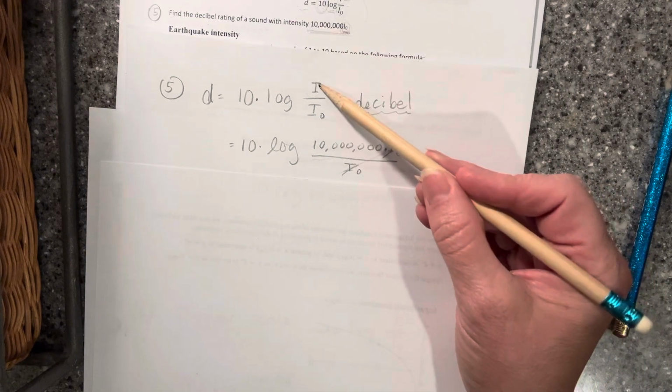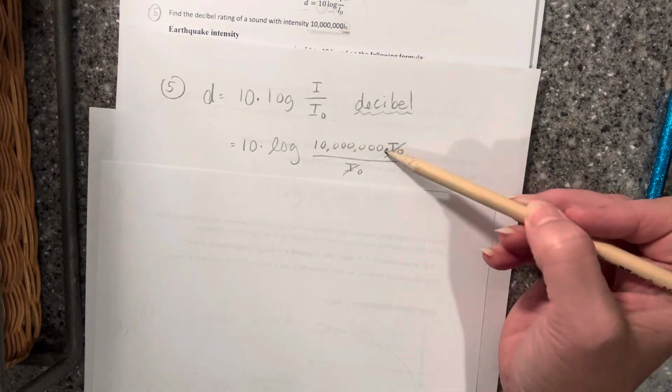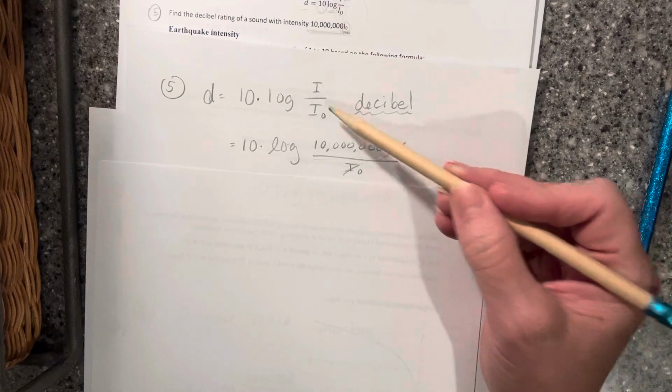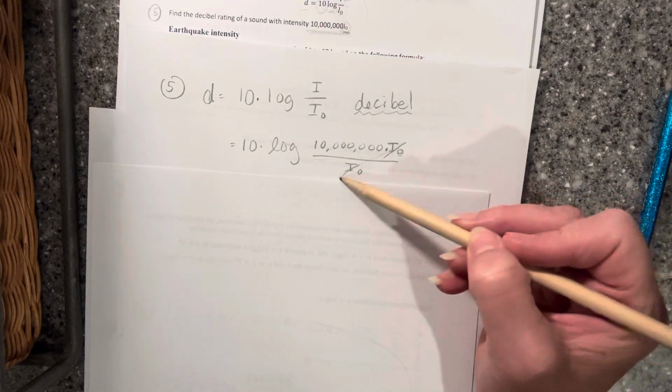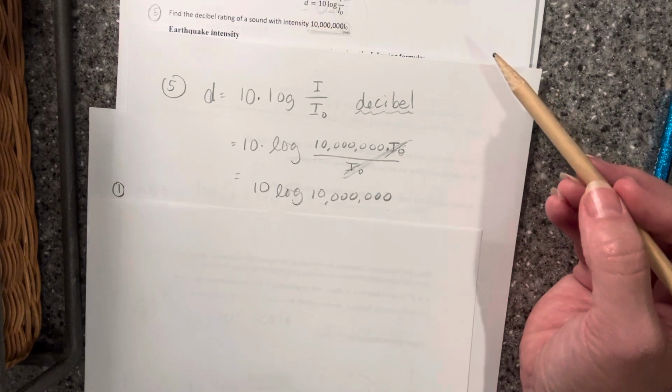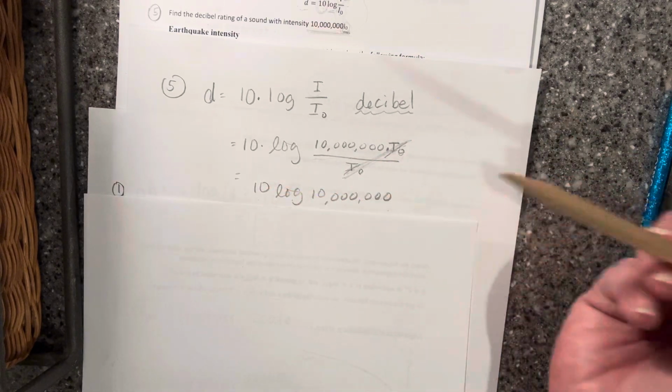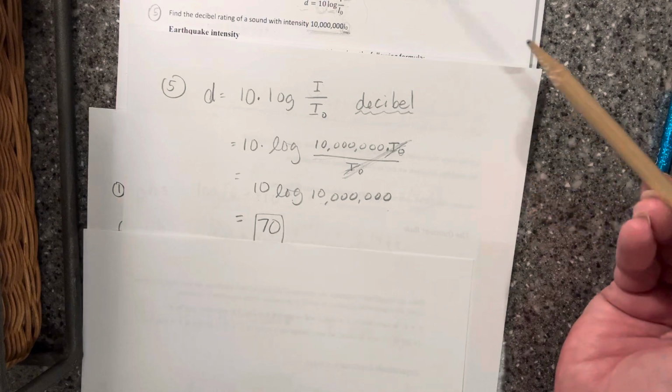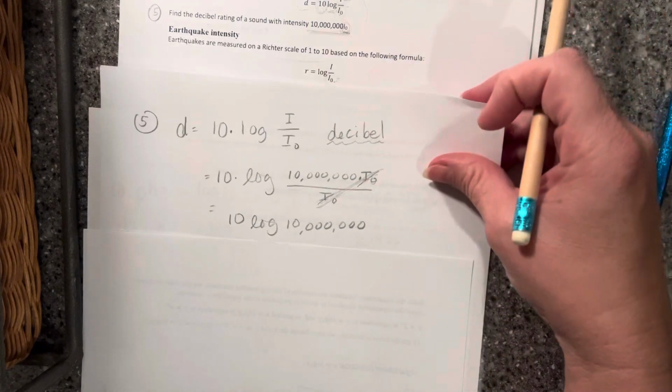So when we plug in the intensity given as 10 million times I sub 0, and then divide it by I sub 0, those cancel because that's multiplied, so you can just cancel them out. And you can plug that directly in your calculator, and you should get 70. So 70 for number 5.